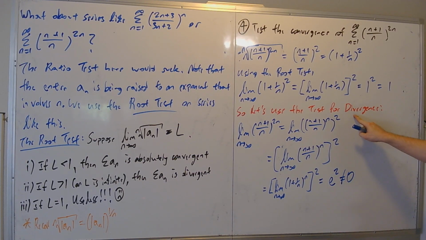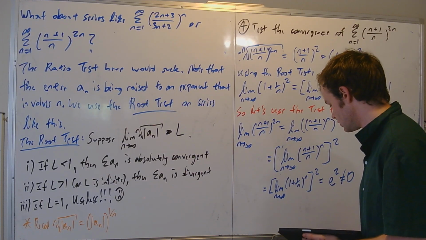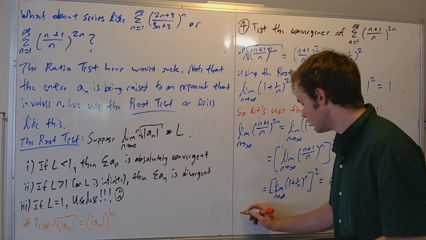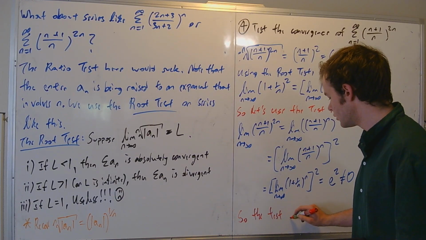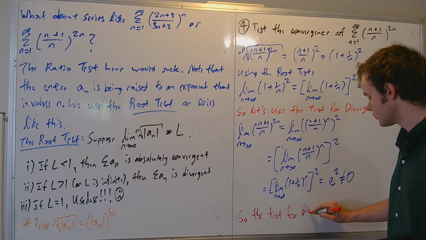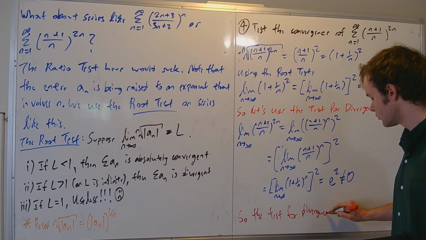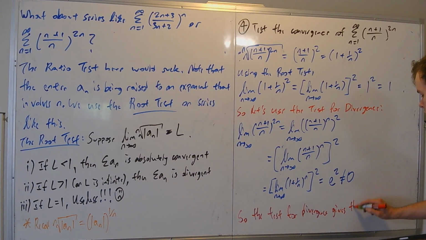So remember, the test for divergence said if this either does not exist or is not equal to 0, then it's divergent. So the test for divergence gives that the series is divergent.